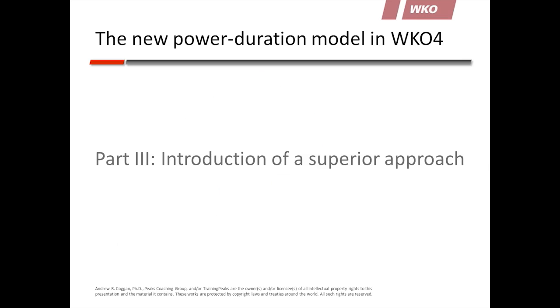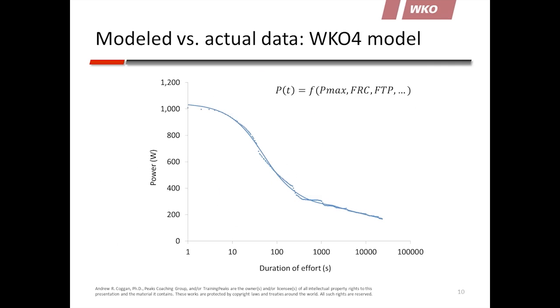So part 3, introduction of a superior approach, and what I have. The idea then, here's the model fitted as a solid line to that same representative set of data I've shown for everything else, where power at any time t is modeled as being a function of 3 physiological traits or characteristics that provide a unique description of somebody's power duration relationship.